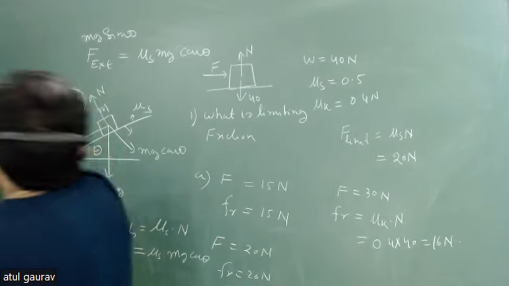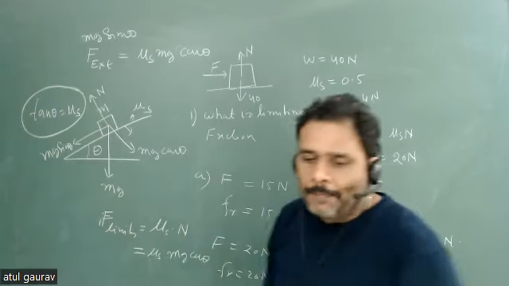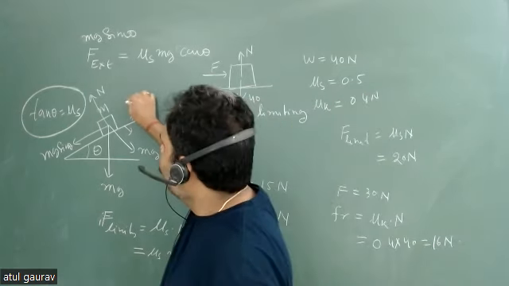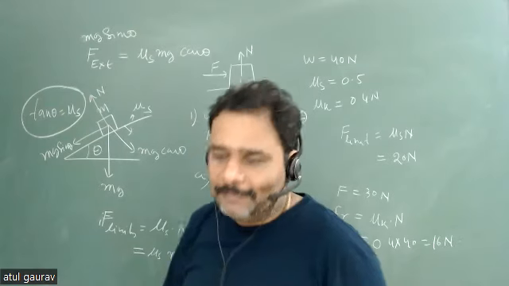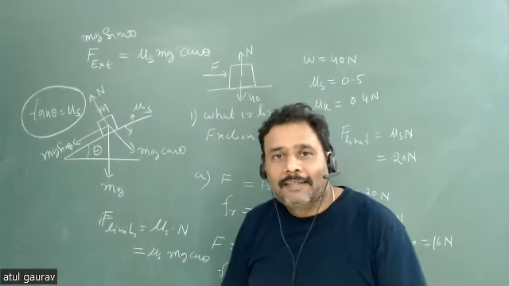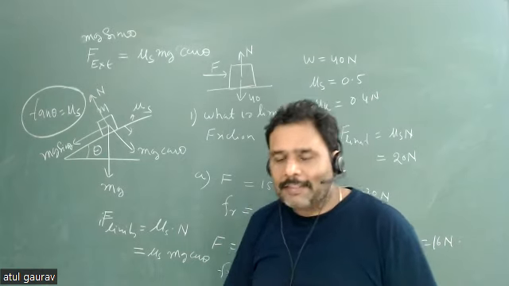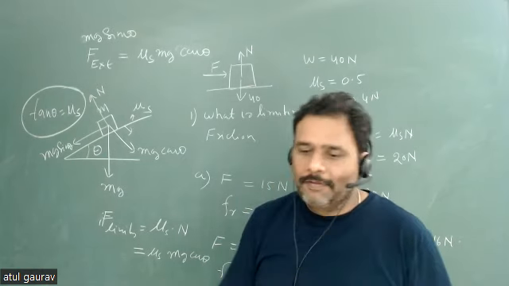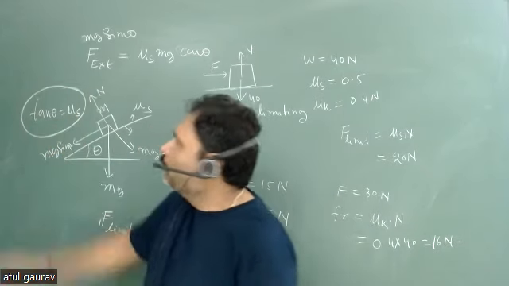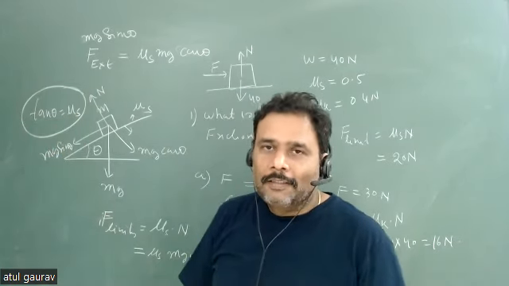I am doing this question here because it will not come in your exam. We will do the same question when we have a sphere or disk here. Then how the moment of inertia and all this will come into the picture is very important. For now, tan theta is equal to mu s, so theta is tan inverse mu s.